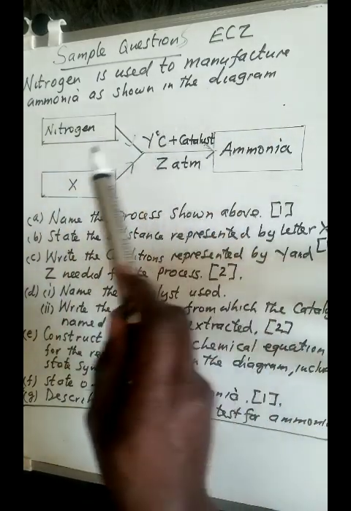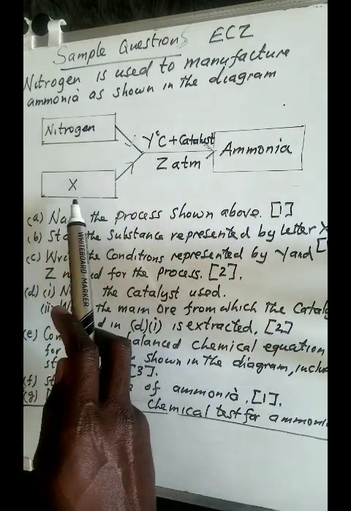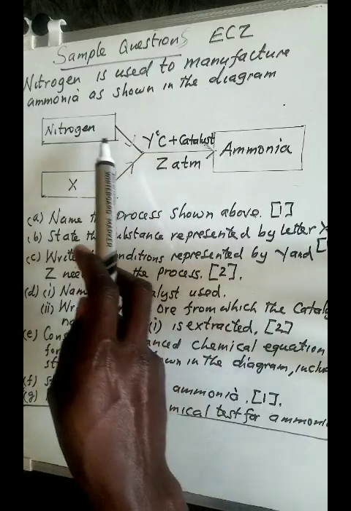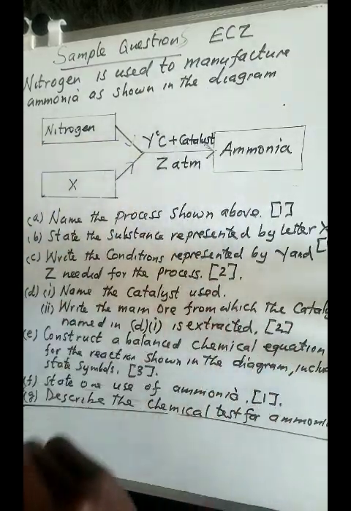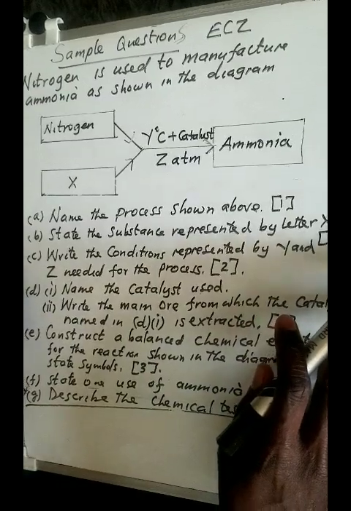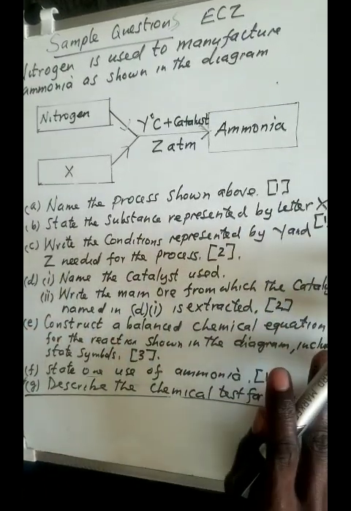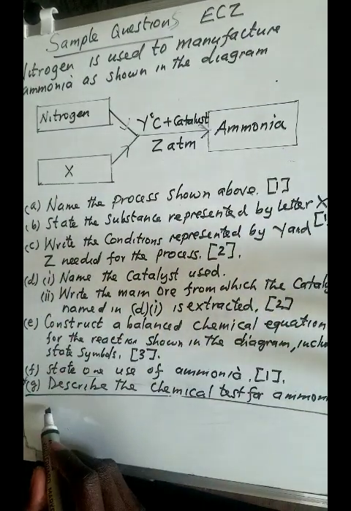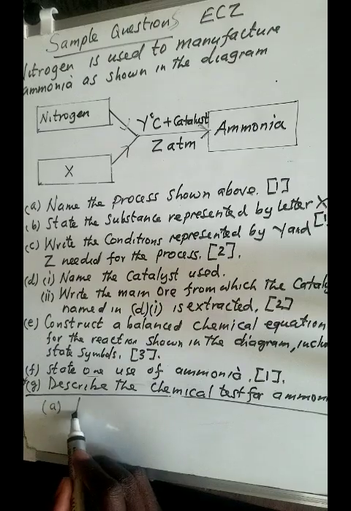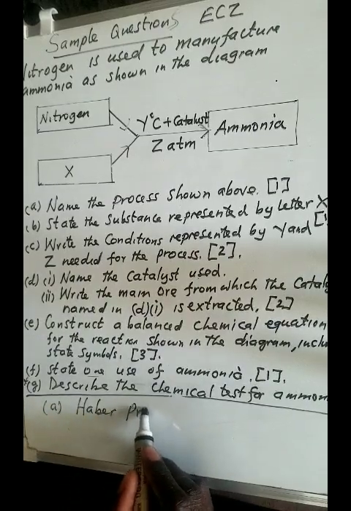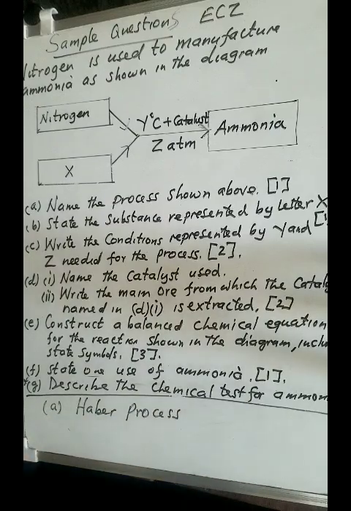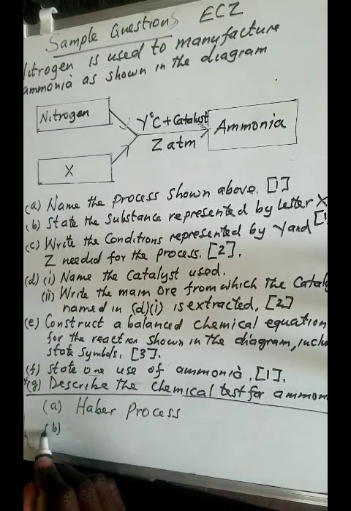If you study the diagram, they have given you nitrogen and X. You can see that when these two are reacted, they produce ammonia, but there are certain conditions that they have given you there. The question says, name the process shown above. The process shown there is what we call the Haber process. So that is what you needed to answer there.